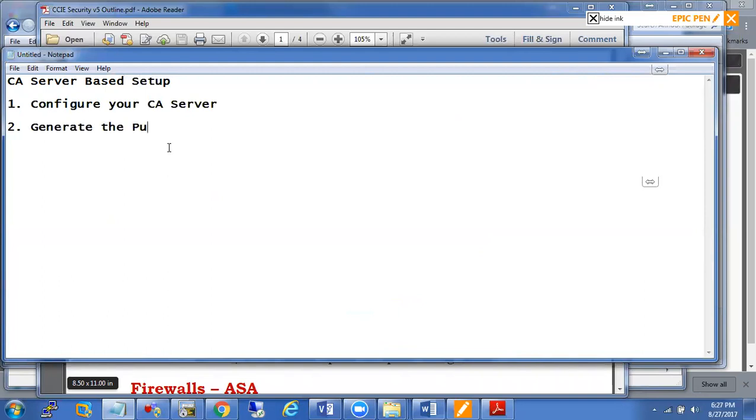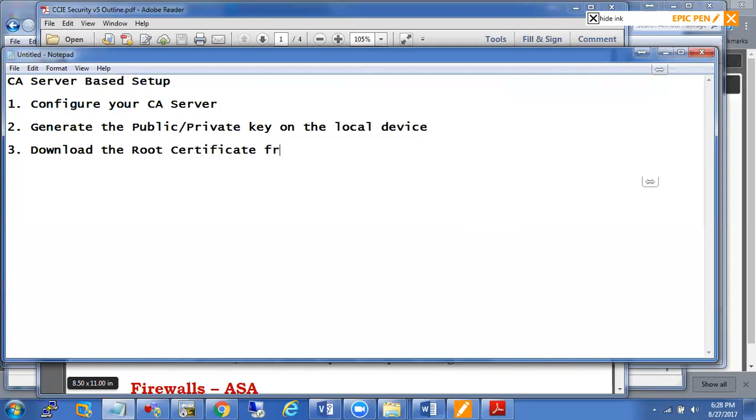Generate the public/private key on the local device. In our case, it'll be a router. Download the root certificate from the CA server.